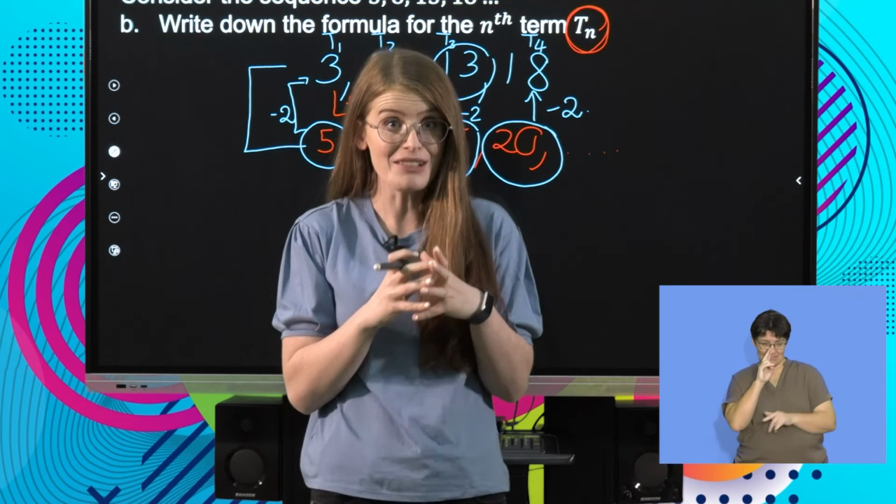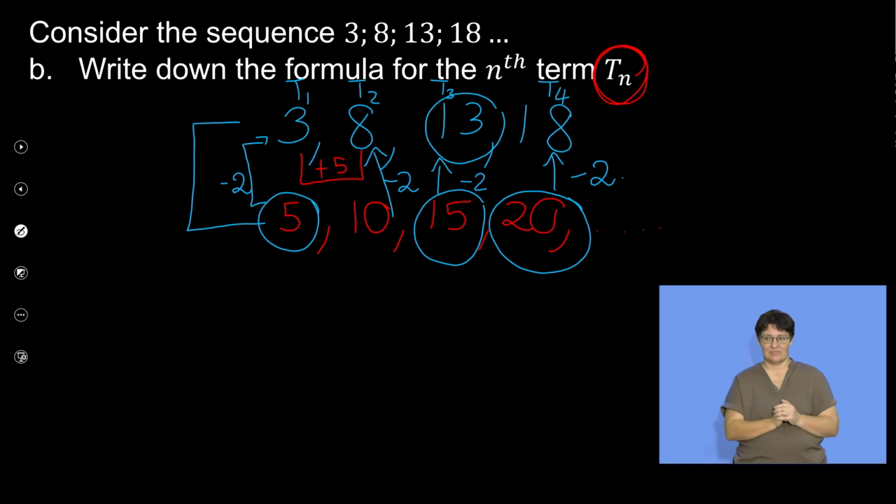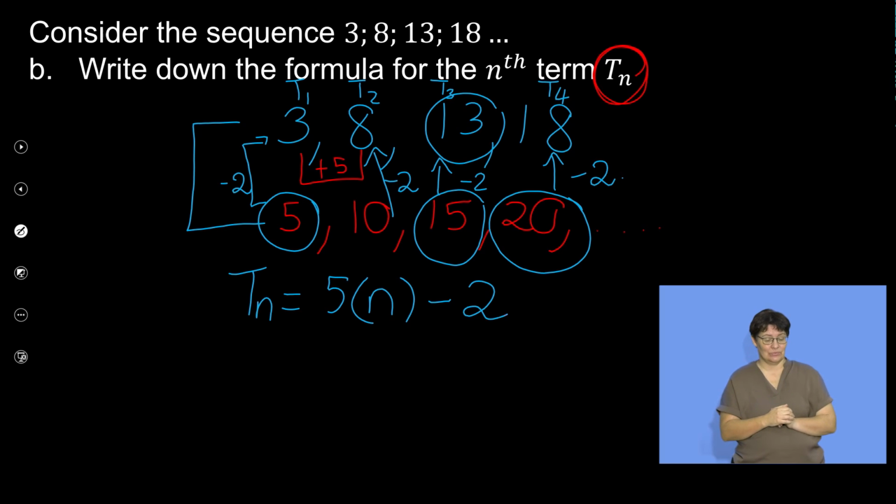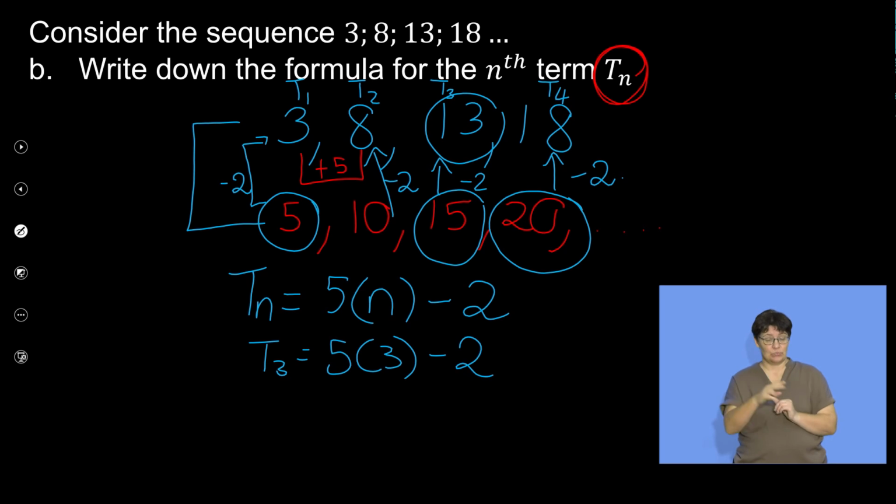Let's write it down. So we can say that the general term for the pattern is equal to 5 multiplied by n, which is the term number, minus 2. So we can just check it. Over here with term 3, we had 5 times 3 minus 2, which gives me 13.